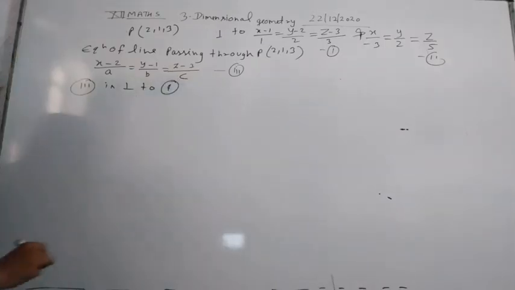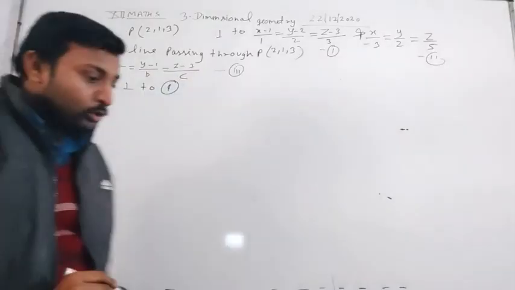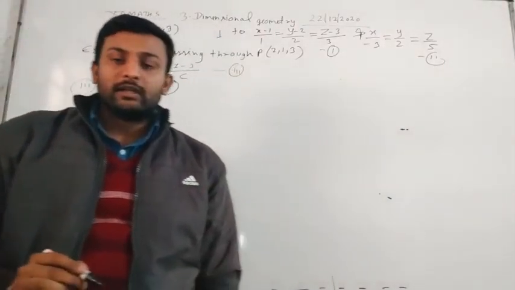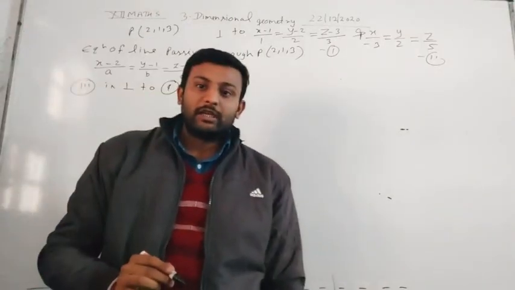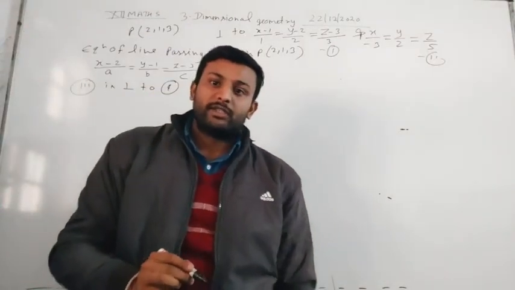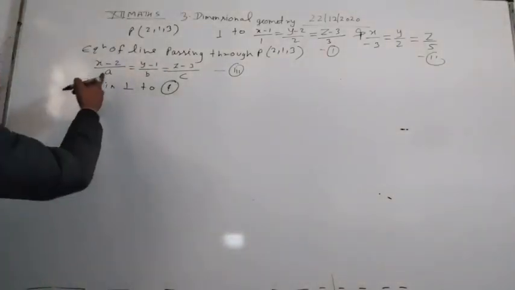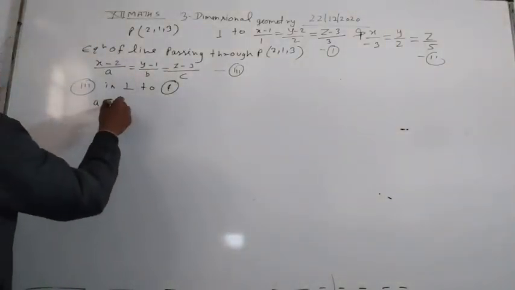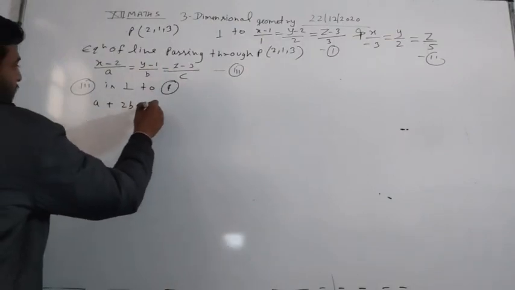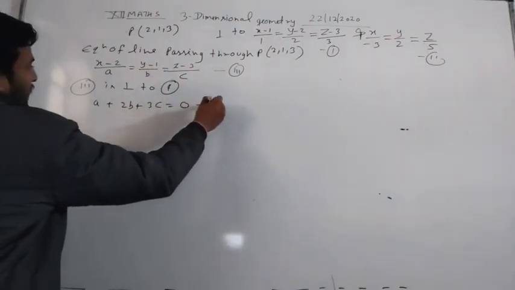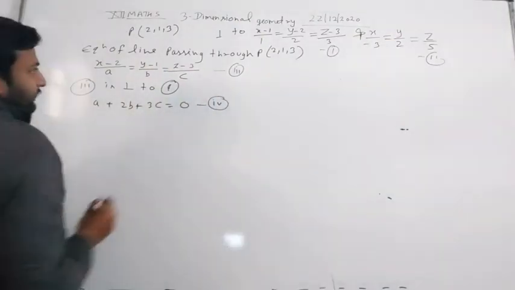You know that if two lines are perpendicular to each other, then the condition is a1 a2 plus b1 b2 plus c1 c2 is equal to 0, student. So we write a plus 2b plus 3c equal to 0. This is equation number 4.